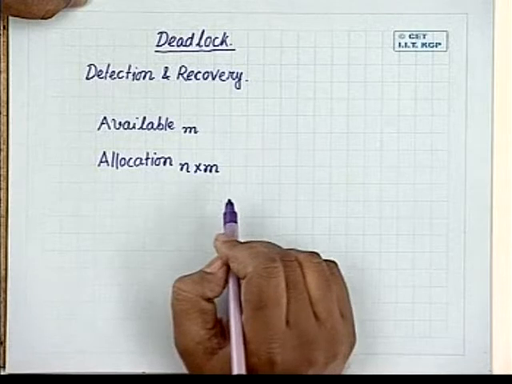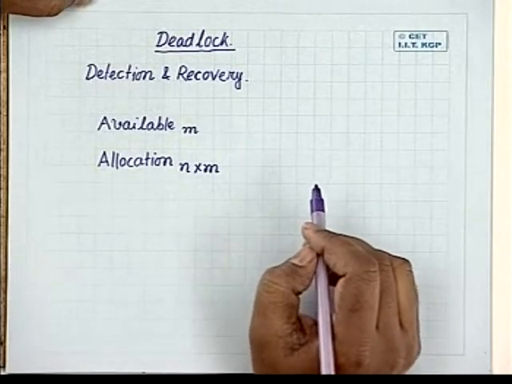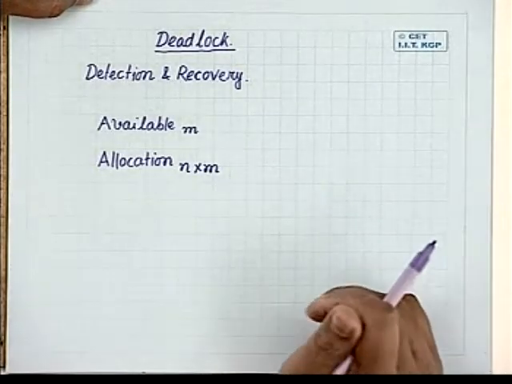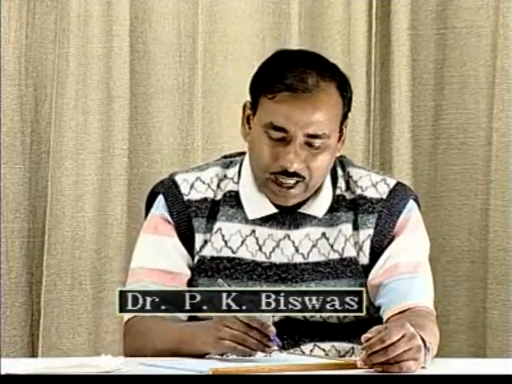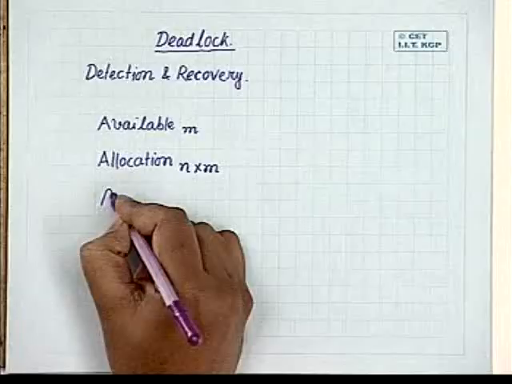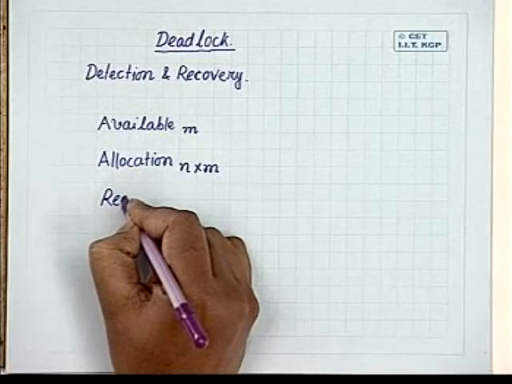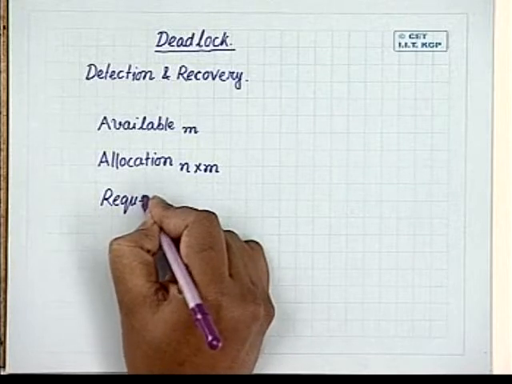Okay. And the third data structure, which earlier we have said that every process, the ith process, puts a request vector Request i, which is of dimension m. We can also consider this to be a matrix. So if all the processes want to put some request simultaneously, then all the request vectors taken together become a matrix. So we have a Request matrix which is again of dimension n by m.